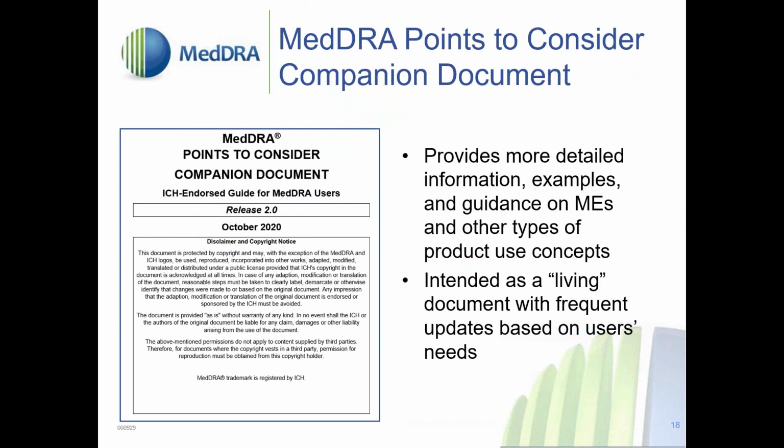It is a living document that is updated as needed. It is not newly released beginning of March each year like the other points to consider document for MedDRA term selection. So the latest release of this document is from October 2020, and it's release 2.0. And it's shown on this slide.